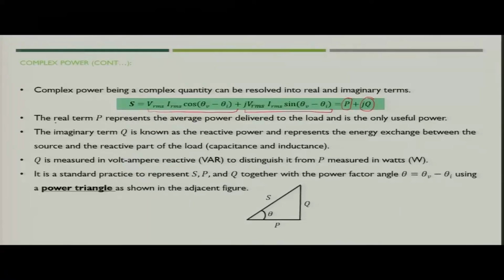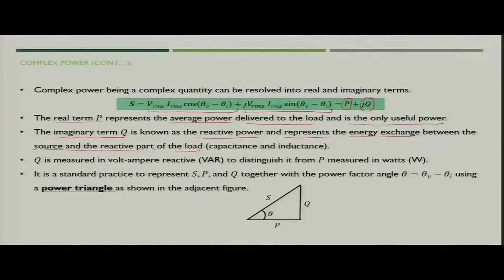Here the real term is P, which represents the average power delivered to the load and is the only useful power in the system, while the imaginary term Q is known as reactive power and represents the energy exchange between the source and the reactive part of the load.